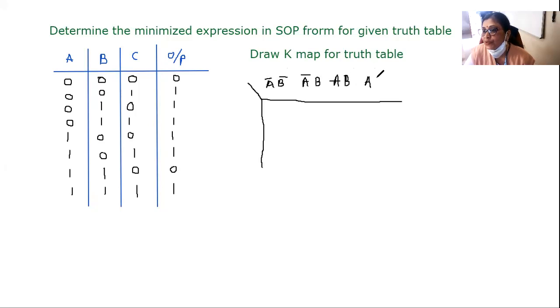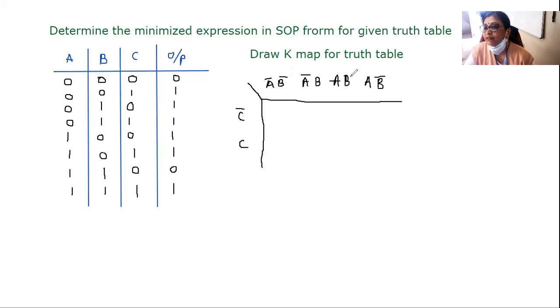So like this we are writing AB variables, and for C variables what you have to do is you have to write C bar and C.